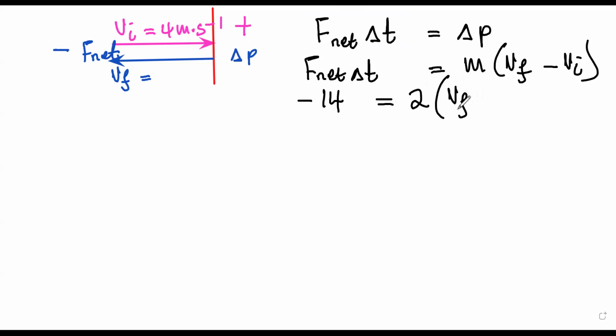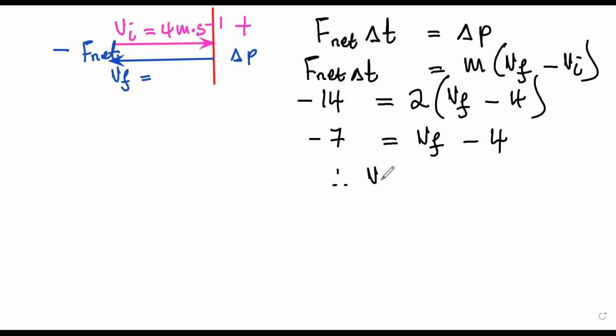We are looking for the velocity with which the box leaves the barrier, moves away from the barrier. And then we say the initial velocity is 4 meters per second because it's going to the right. Then here we get negative 7, which is equal to Vf minus 4.